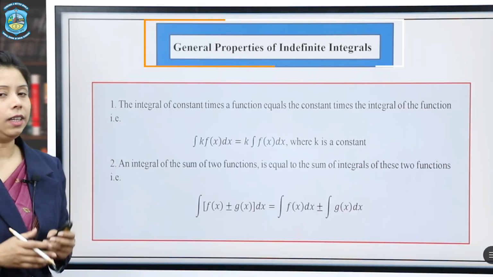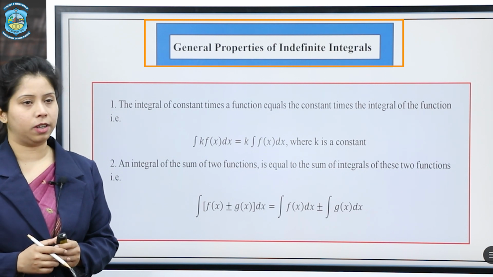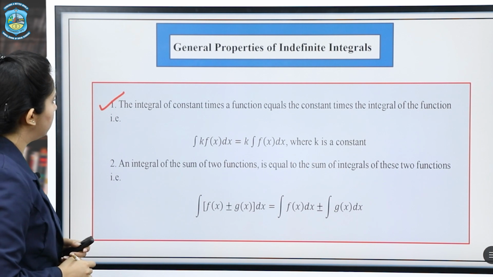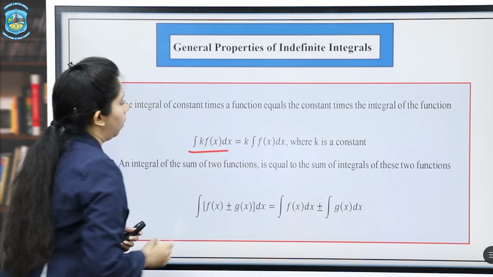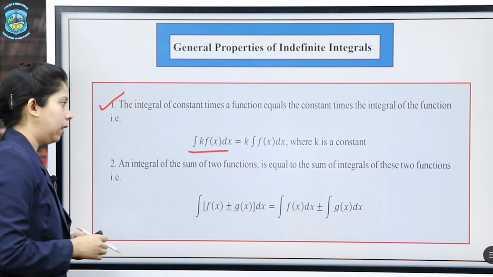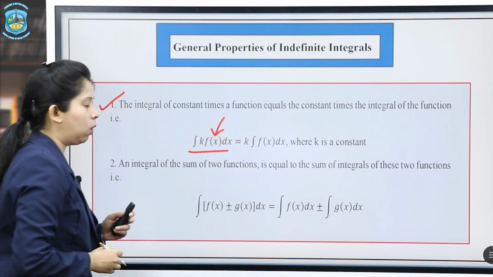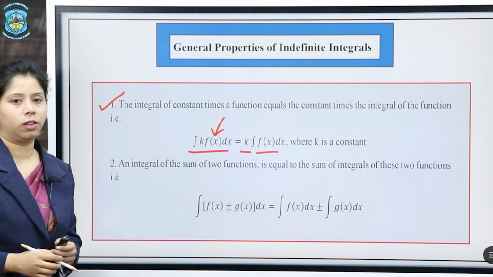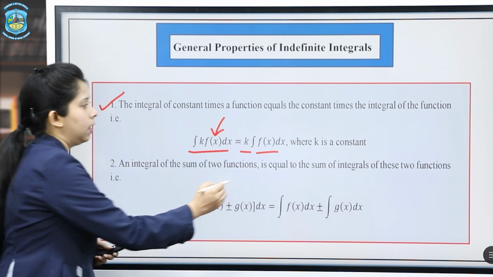Next, we will study the general properties of indefinite integrals. The first property of indefinite integral is that the integral of the product of a constant and a function is equal to the product of the constant and the integral of the function. Here k is the constant.